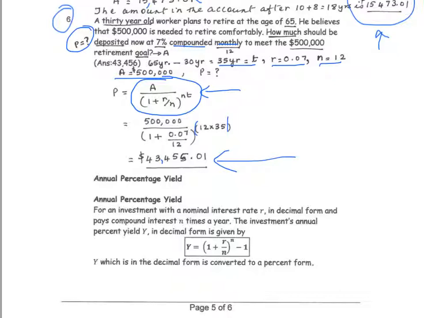Make sure you're not doing the calculations in bits and pieces. Just enter everything into the calculator and hit enter only once. So this calculation tells us that if we deposit $43,455.01 into the account today at 7% compounded monthly, in 35 years we're going to have $500,000.